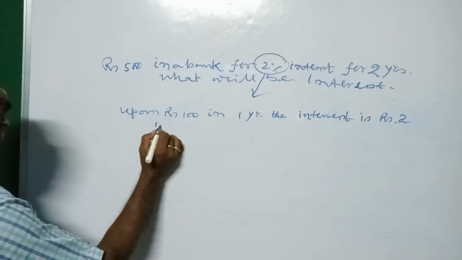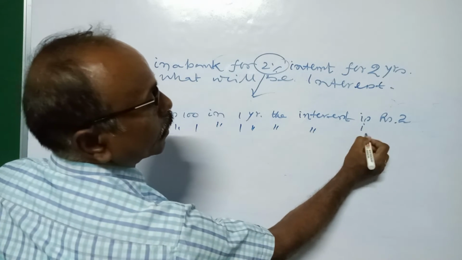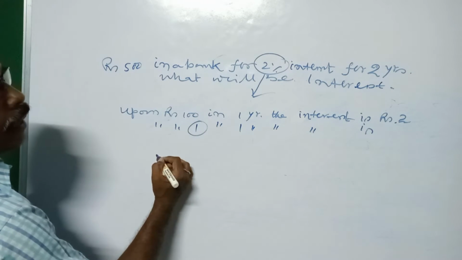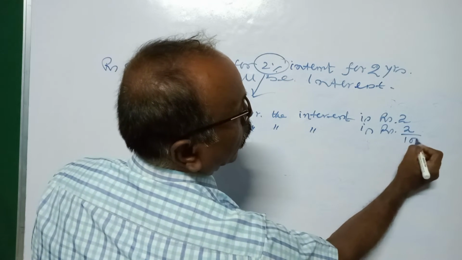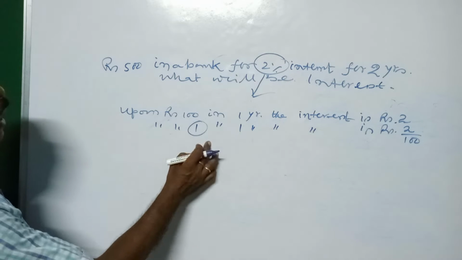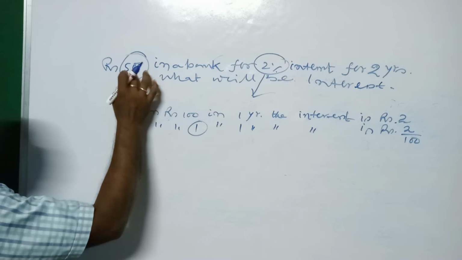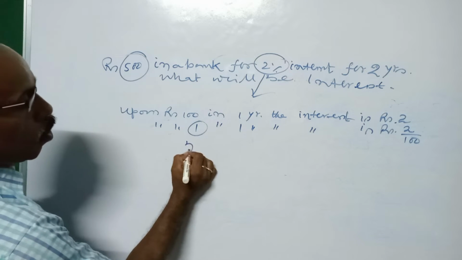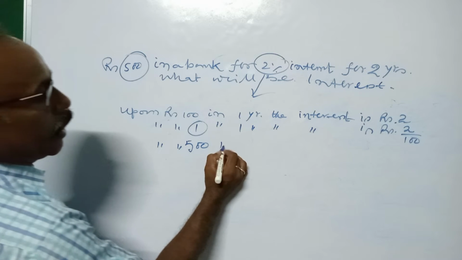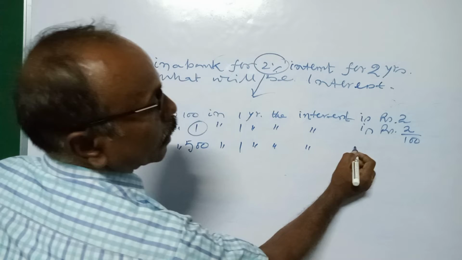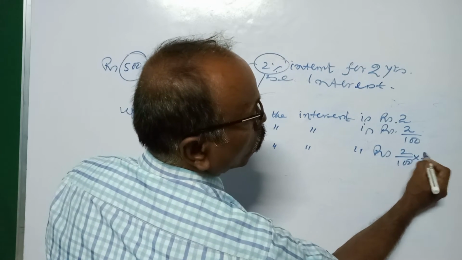Similarly, upon rupees 1 in 1 year, as 1 is less than 100, it will be division, 2 by 100. Am I clear? Similarly, this is the principal, the deposit money. So upon rupees 500 in a year, the interest is rupees 2 divided by 100 into 500.